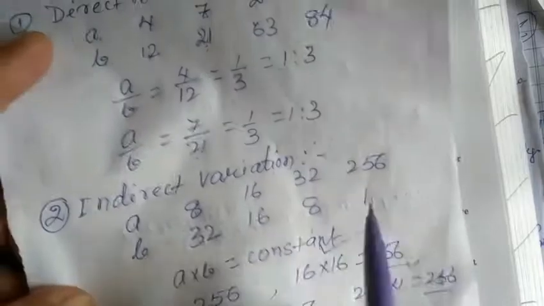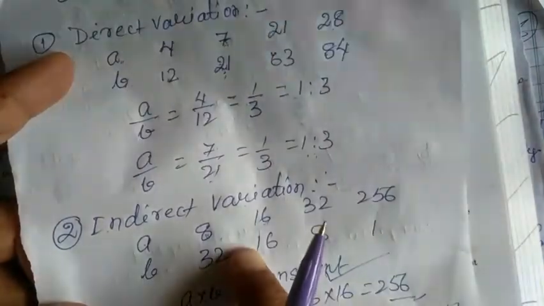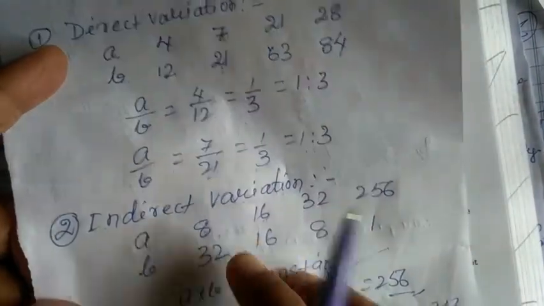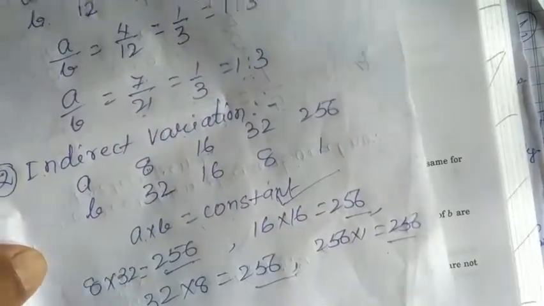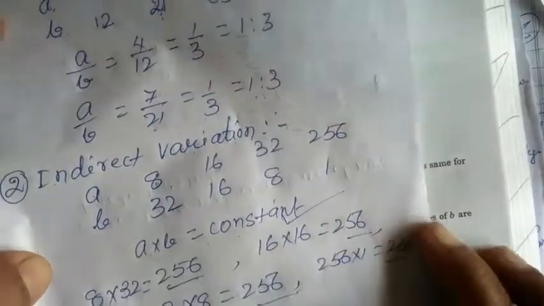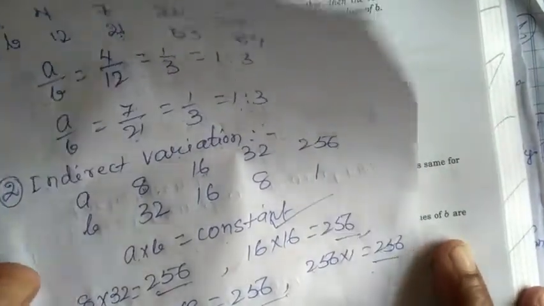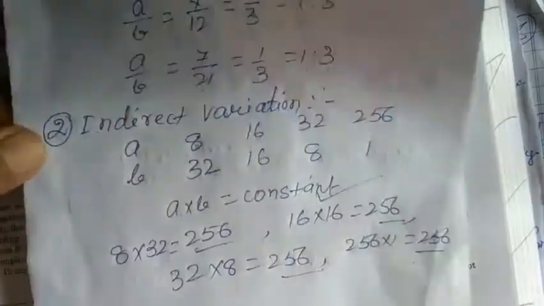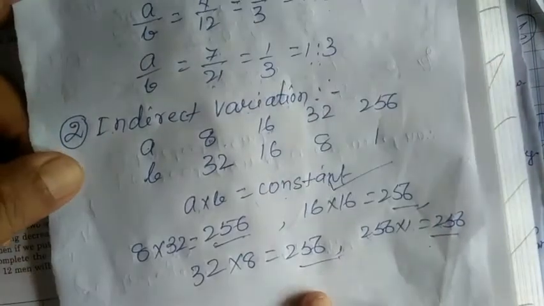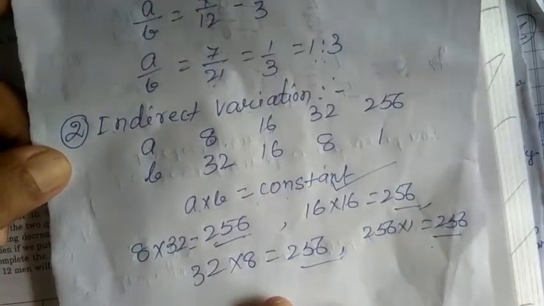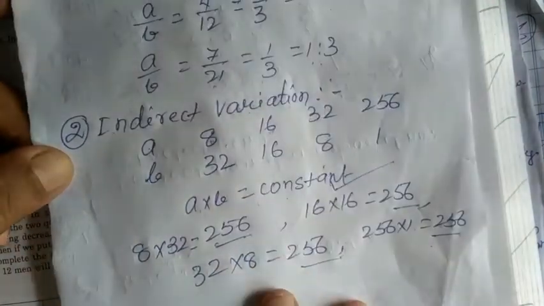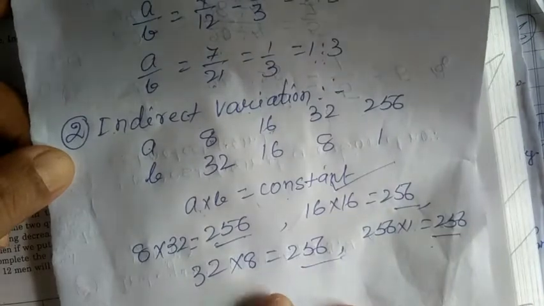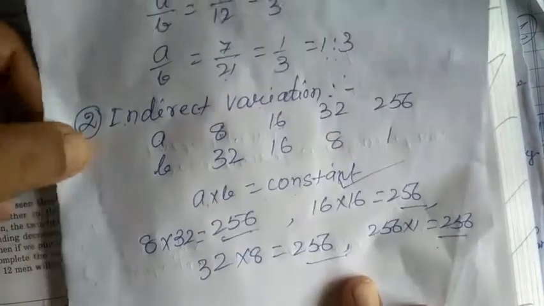That means it is indirect variation or inverse variation. This is the main aspect, and if you read according to the instructions given by me, I think you will never face any problem in considering whether the given question is in direct variation or inverse variation.